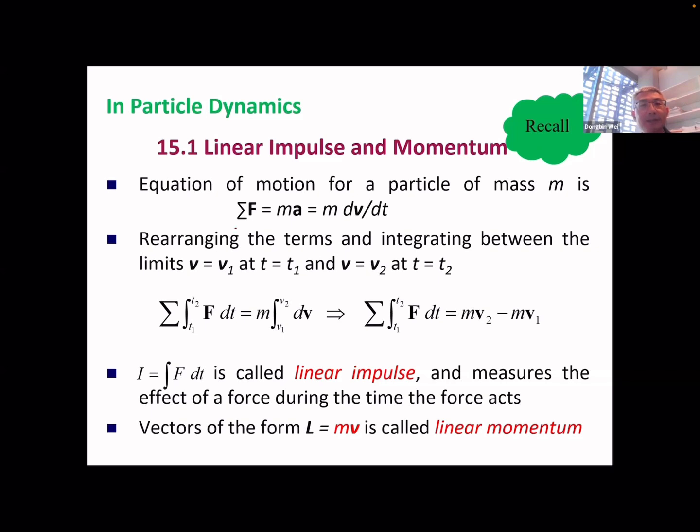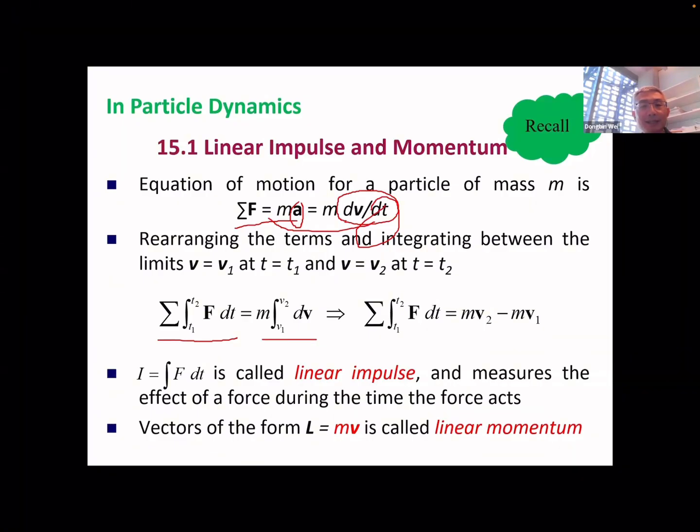For this equation here, if you express acceleration a using dv/dt, and then rearrange, move dt to the left side, and then you can do integrals on both the left side and right side.